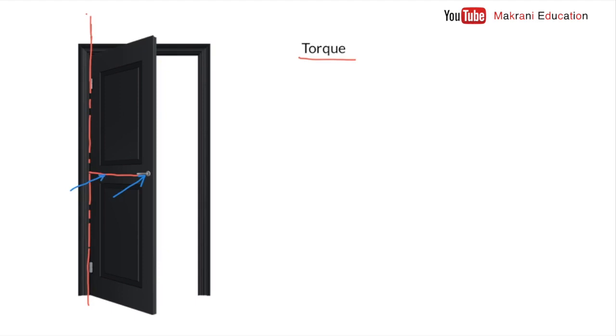Suppose this door requires 500 unit torque to close. So if you close it from this side, then obviously you have to apply less effort, and if you close it from this side, you have to apply more effort, because formula of torque depends on two things.